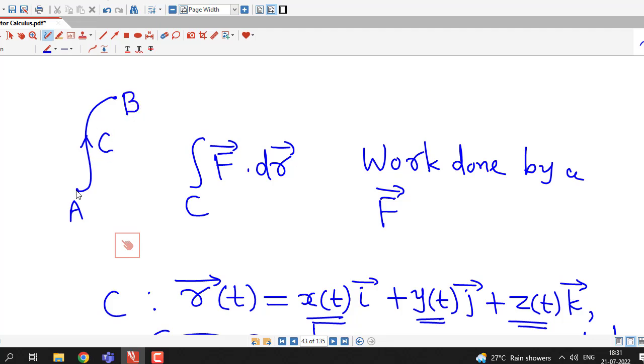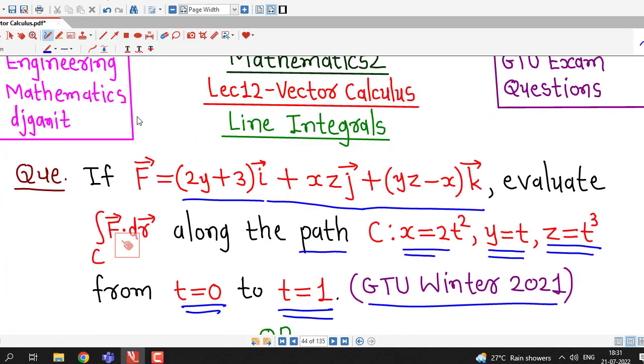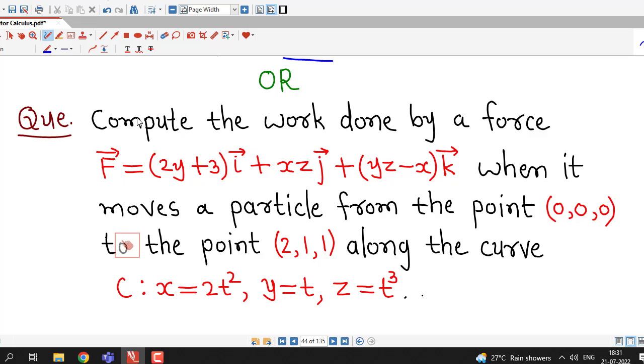If C is a curve between 2 points A and B, then the line integral of a given vector function along this curve C gives us the work done by the vector field f bar in moving a particle from point A to point B. So the same question can be asked in this way also.